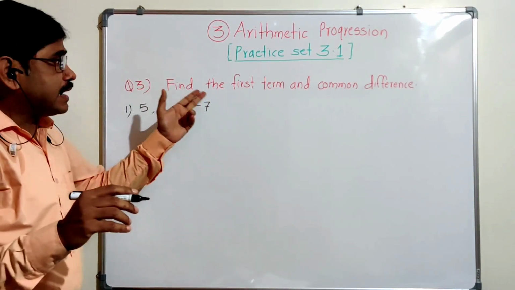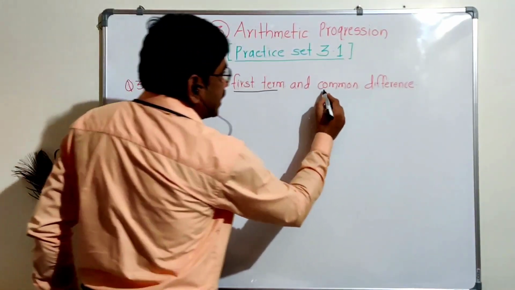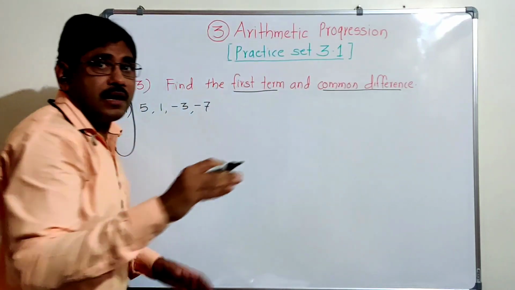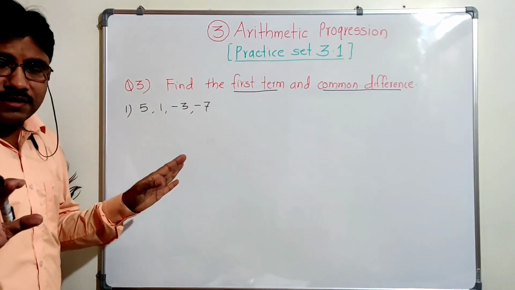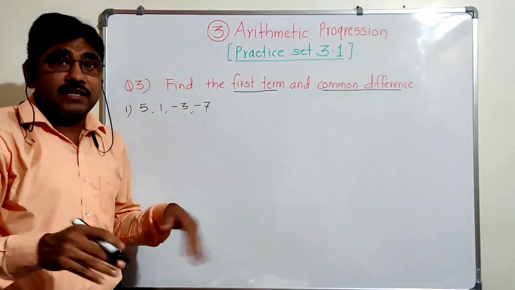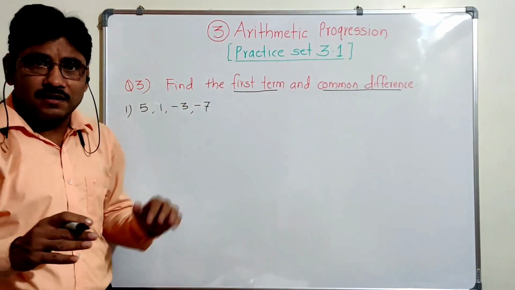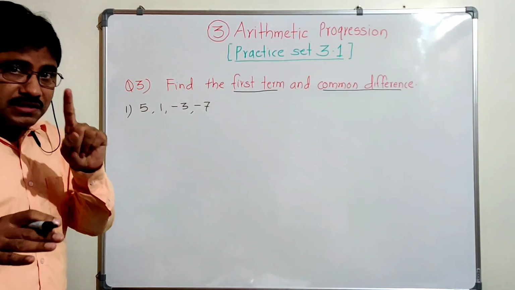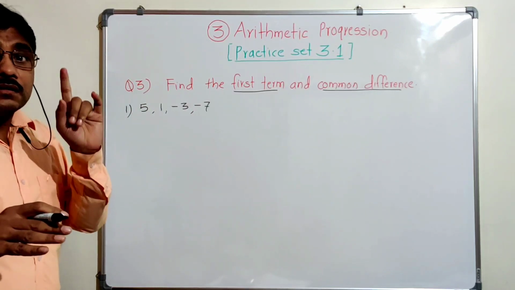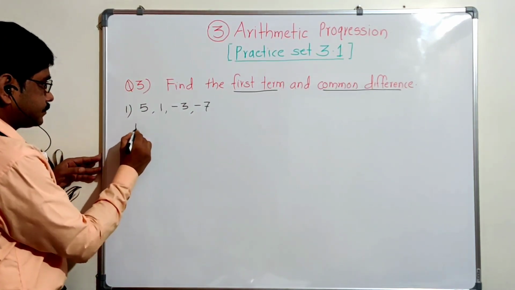Because the question is to find the first term, that is A, and the common difference in each arithmetic progression. So no need to decide whether it is a progression or not. Don't do that process, D is equal to T1, T2 and all things. Only write the first term and the common difference D. 2 things only.